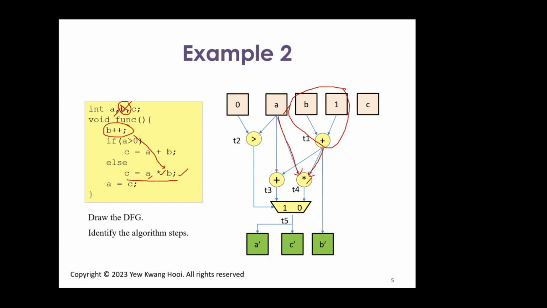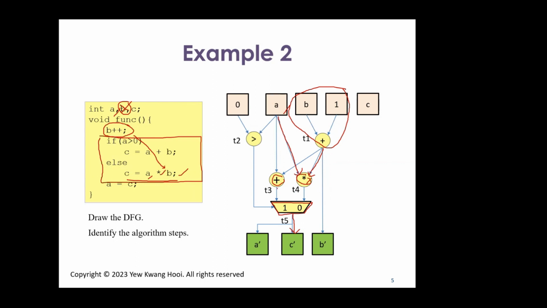So again, this operation A multiplies B is inside the if else block. So the output of C is coming out to C, but whether C gets the output from the plus operation or the multiply operation depends on the if else.